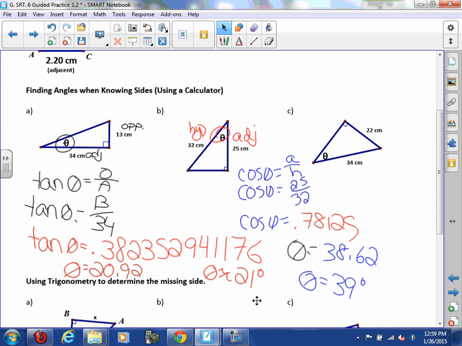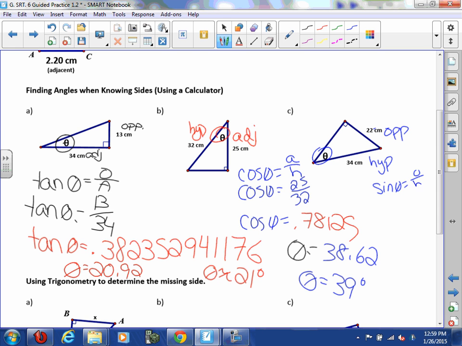And then I put my finger on my theta, and I've got opposite and hypotenuse. Which is sine. So we've got sine theta equals opposite over hypotenuse. And we got that one right on the board too, 22 over 34. So Courtney says, okay, it's 0.6471, did it terminate?